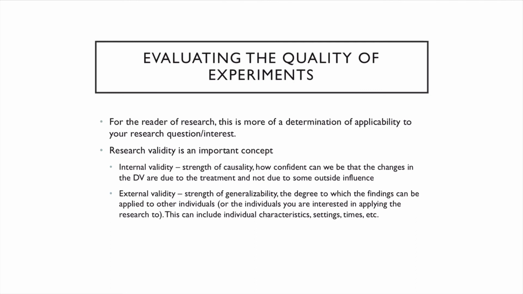External validity is the strength of the study in terms of its ability to be generalized to the population. So it's the degree to which the findings can be applied to other individuals or the individuals that you have an interest in. So that means we need to look at the study in terms of the characteristics of the subjects, the settings that they conducted the study in, the timing of the measurements, and so on.